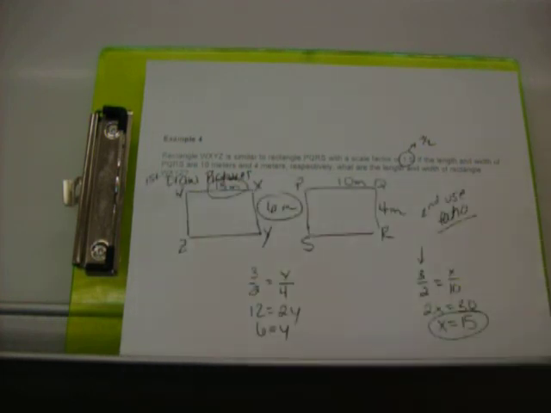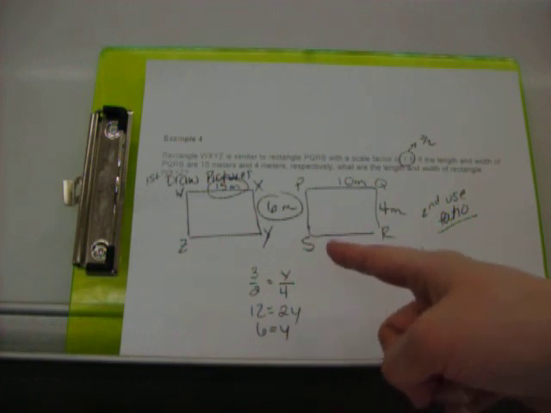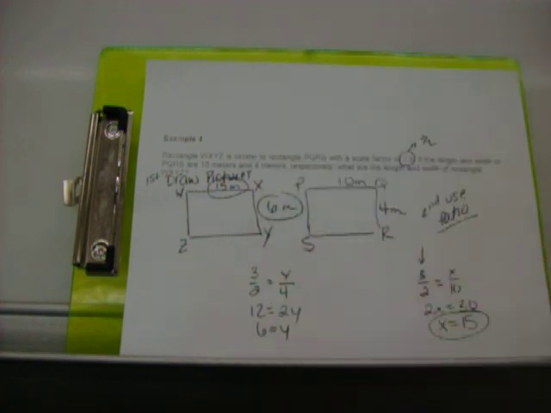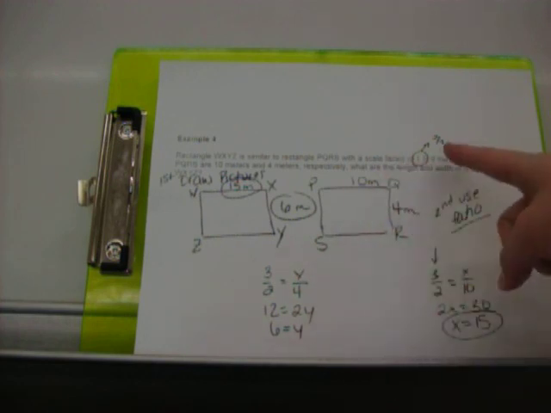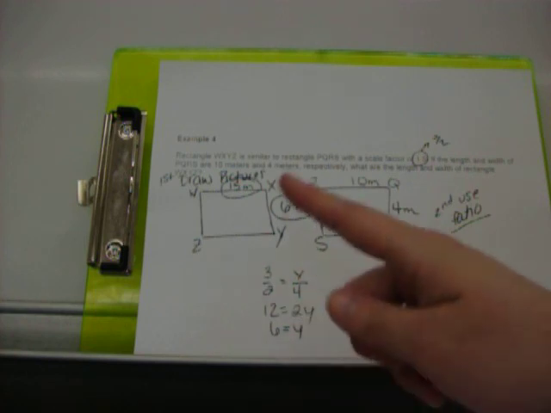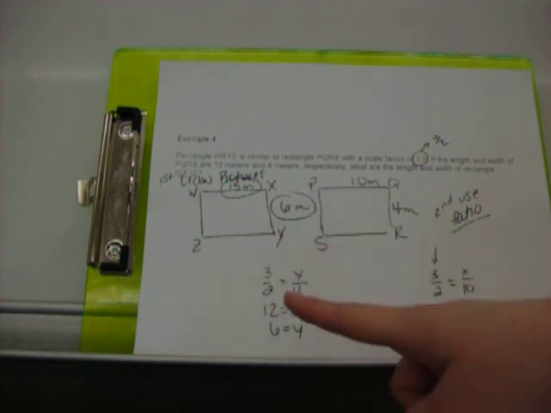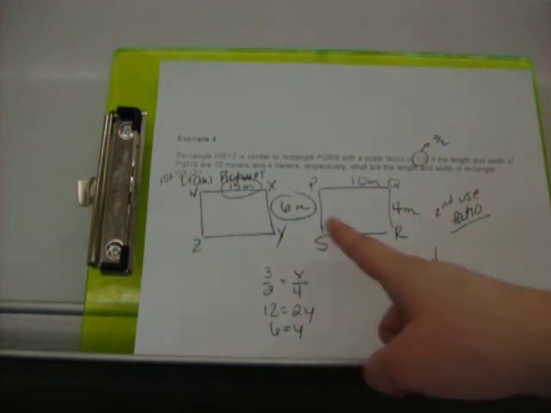So here I have 15 and 6 as what WXYZ are going to be equal to, so my length and my width. Here's my 10 to 4. So I'm using that ratio, so I've got this 1.5, which is 3 over 2, not what I said earlier. So you get 3 over 2 equals x over 4, so I'm finding the 6 here.